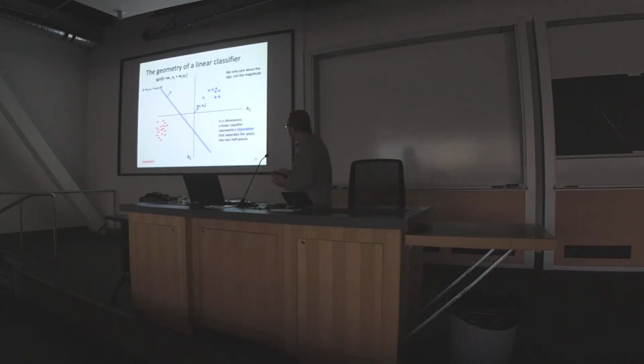That means you can multiply all those parameters by an arbitrary positive scale. It doesn't change the position of the classification boundary. It doesn't change the classifier at all. You can multiply W and b by 0.001 or by 10 to the minus 6 or 10 to the 6, by 1 trillion. It doesn't change the classifier at all.